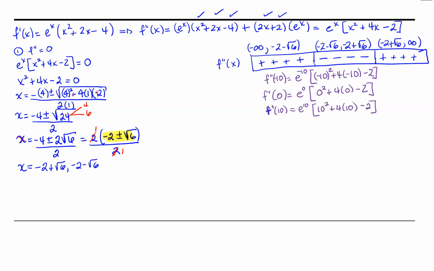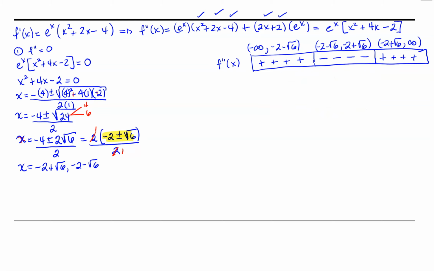So now we need to interpret what we've discovered. When the second derivative is positive on an interval, the function itself is concave up on that interval. When the second derivative is negative on an interval, the function is concave down on that interval.